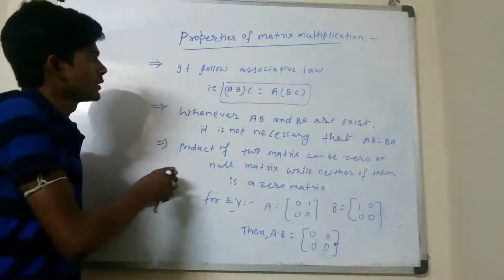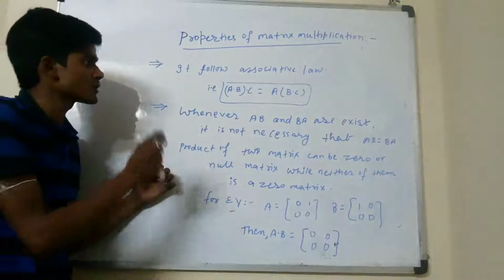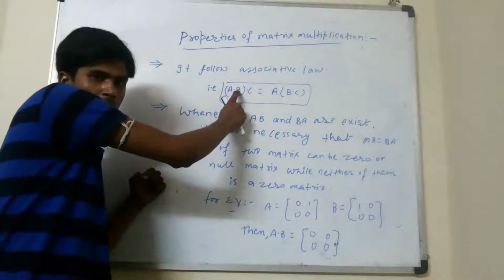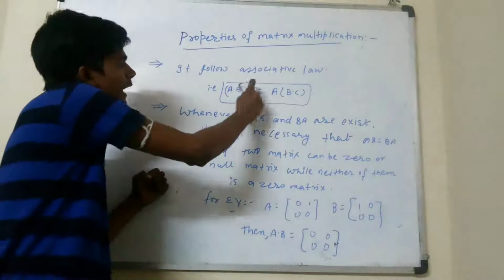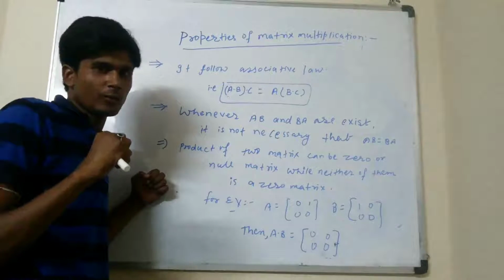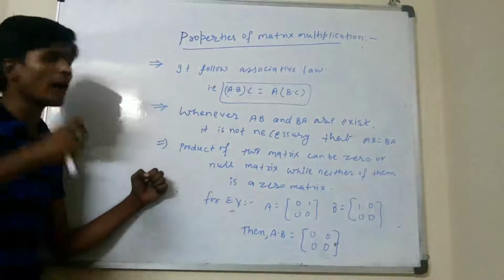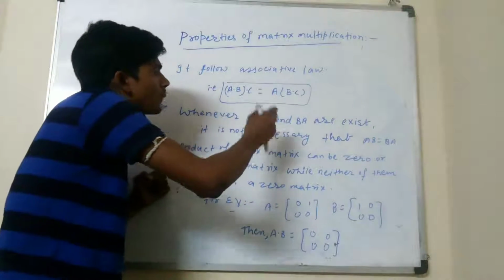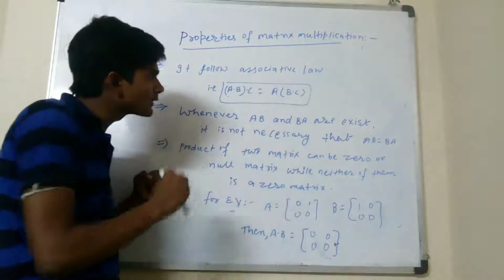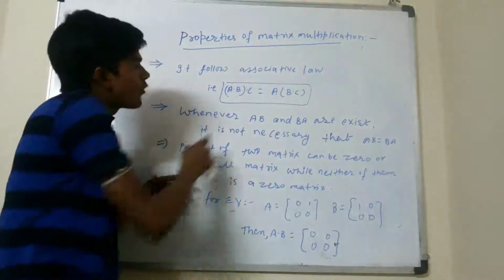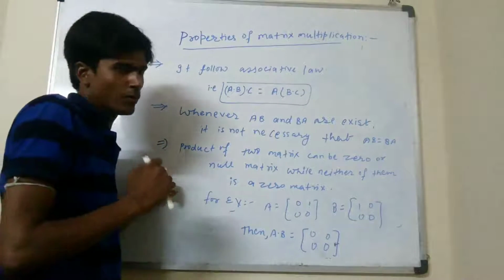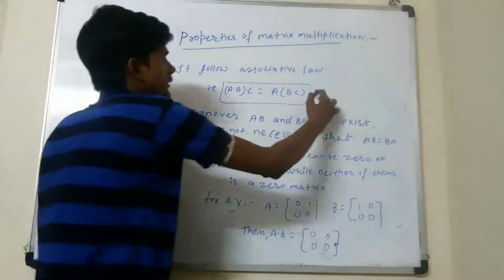Suppose there are three matrices A, B and C. First you multiply A and B, and then multiply the resulting matrix with C, and it gives some result. It is also equivalent if you first multiply B and C, and after that multiply with A. Both are equivalent. This is the associative law of matrices.